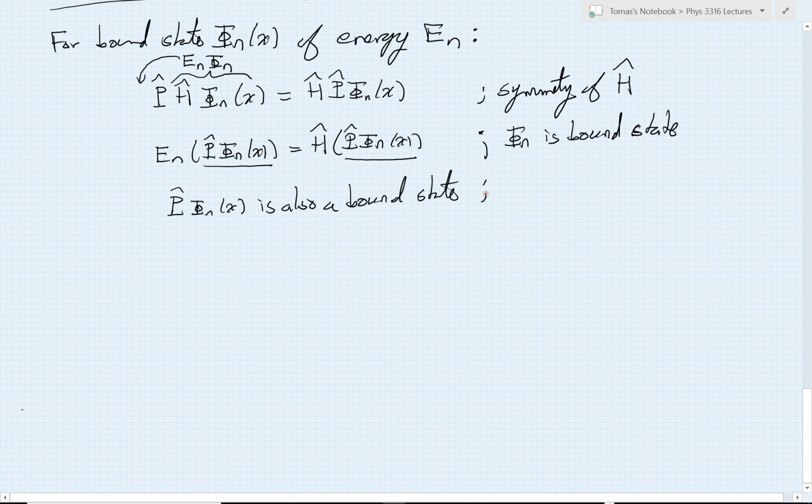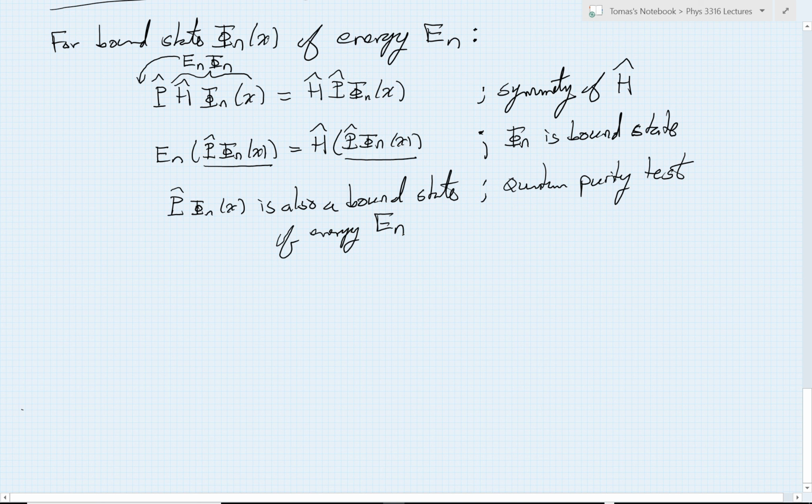And that comes just from our quantum purity test, because applying the Hamiltonian to this thing, whatever it is, gave me back the energy En times that function. It's a bound state of energy, and it has that particular energy value E sub n.